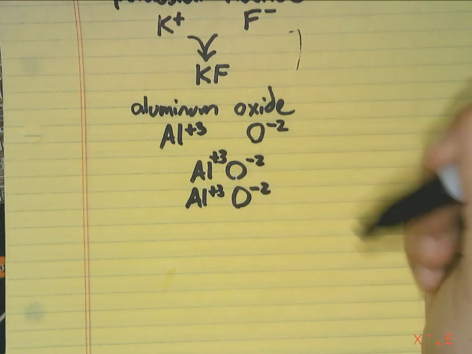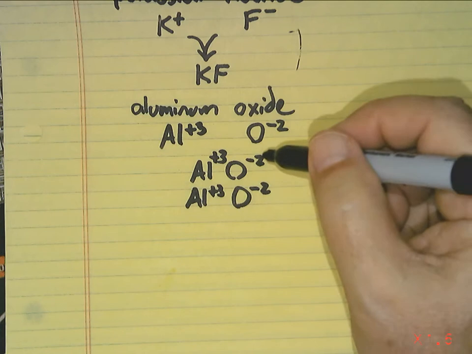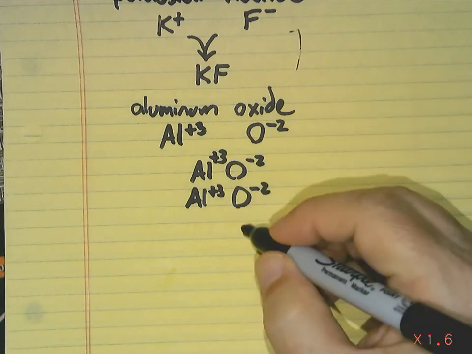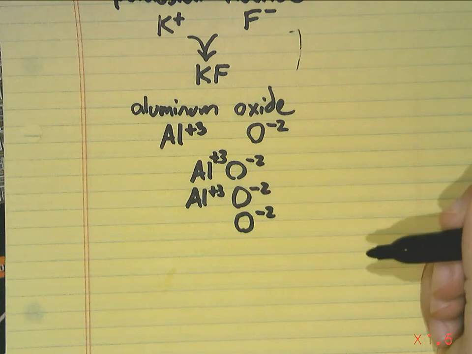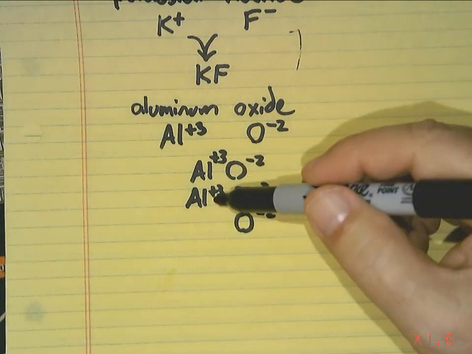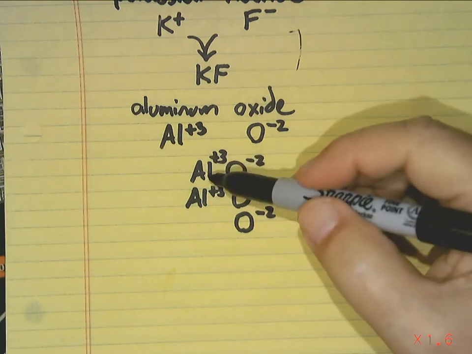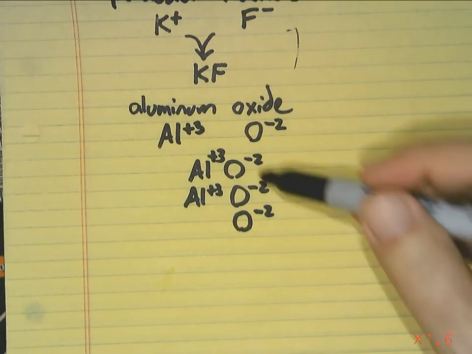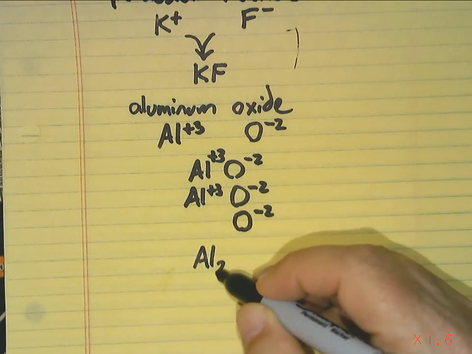Now I am tipped too far over onto the positive side. I have a +6 total and a -4. If I add another oxygen, everything is perfect, because now I have +6 and -6, so everything balances out. There are 2 aluminums and 3 oxygens, so the formula is going to be Al2O3.